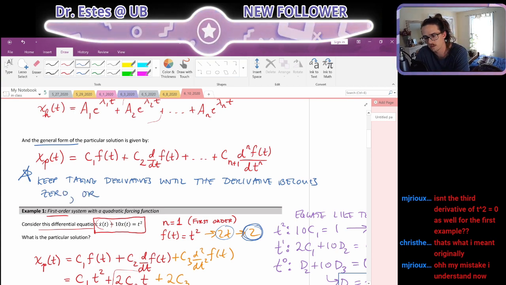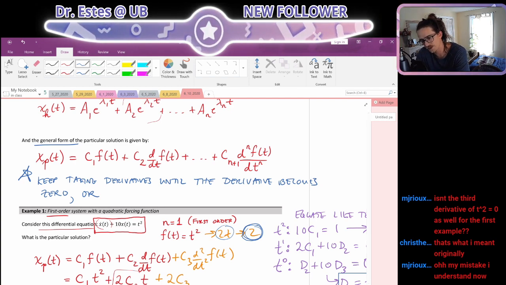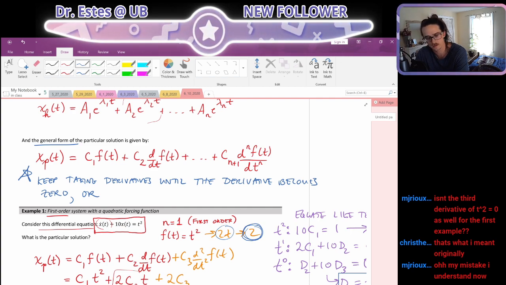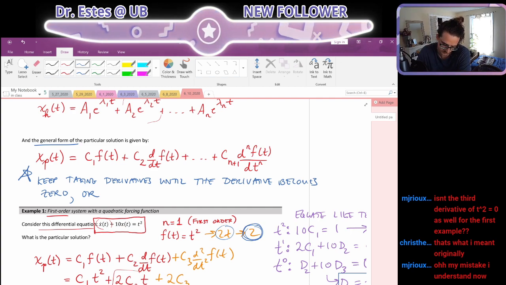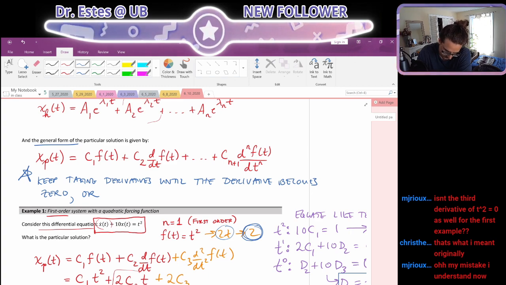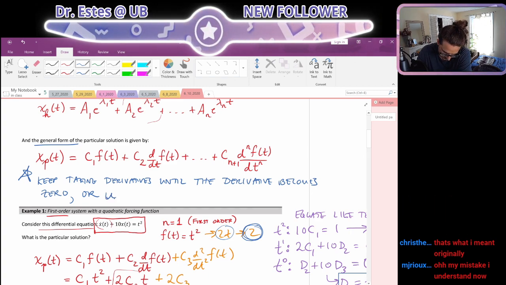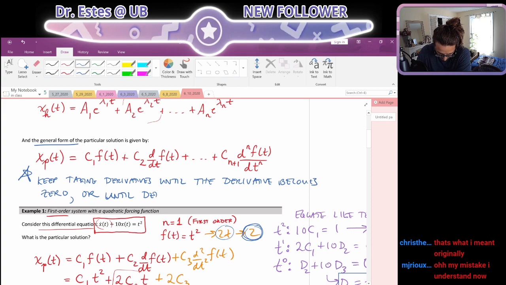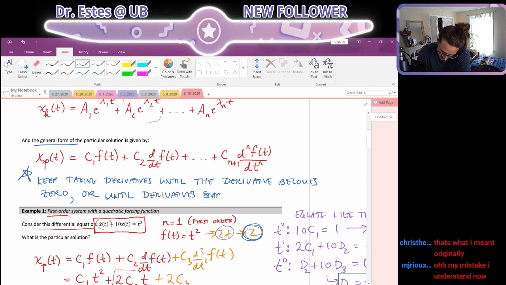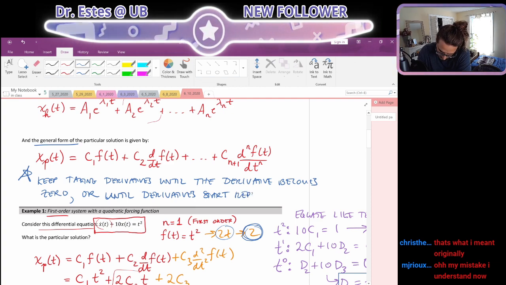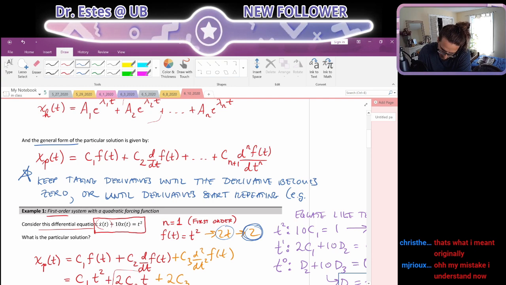Or, like what happened with the sine and the cosine, until you start to get back the same functions. So, for example, sine, cosine.